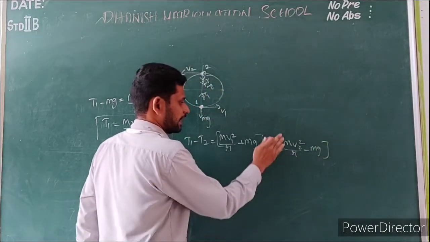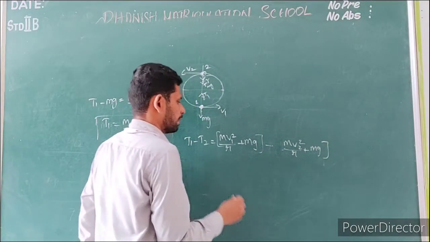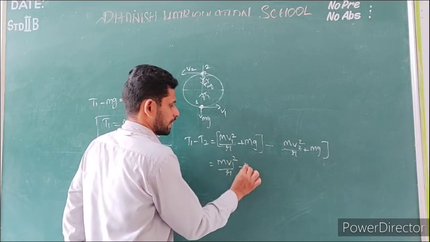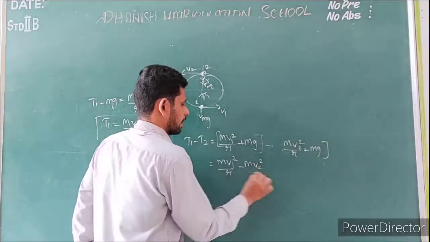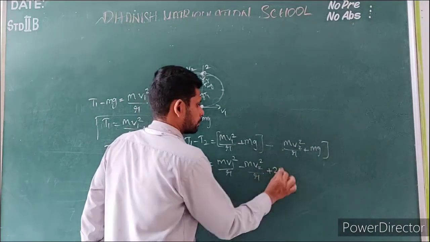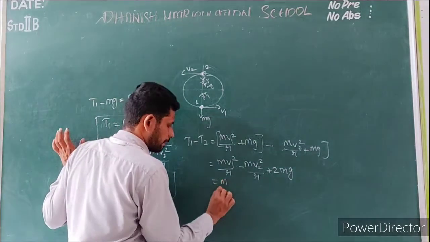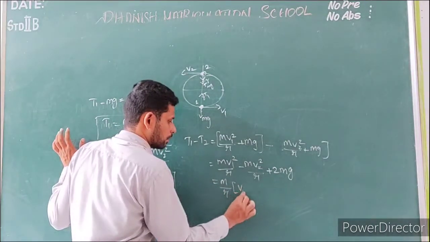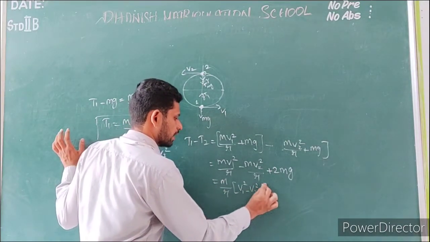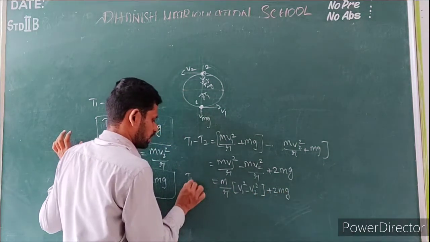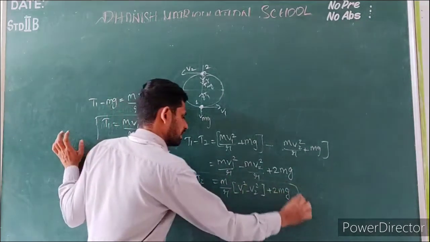When you multiply by the minus, the minus becomes plus. Then mv1 squared by r minus mv2 squared by r plus 2mg. Taking m by r outside: m by r times v1 squared minus v2 squared, plus 2mg. This is T1 minus T2.